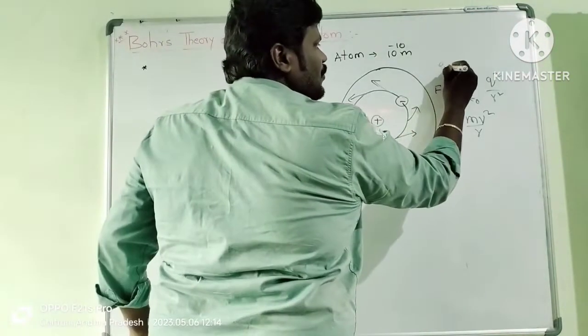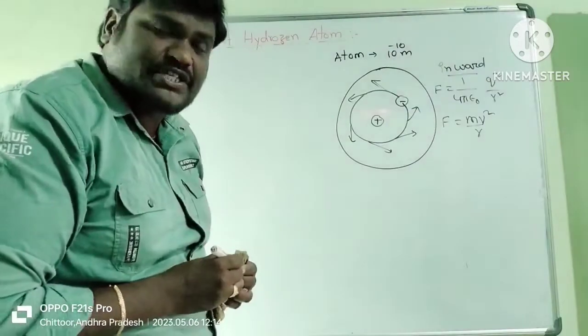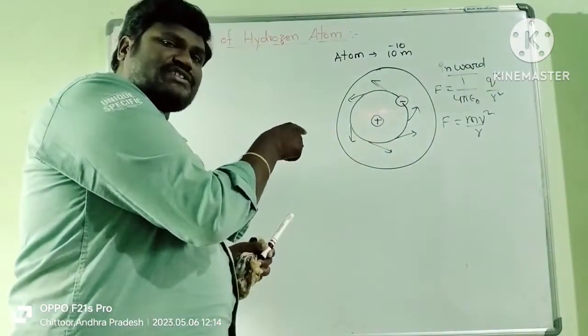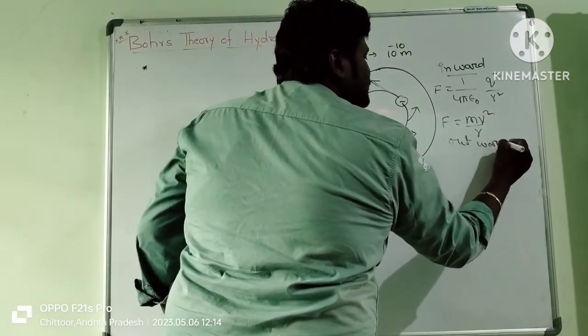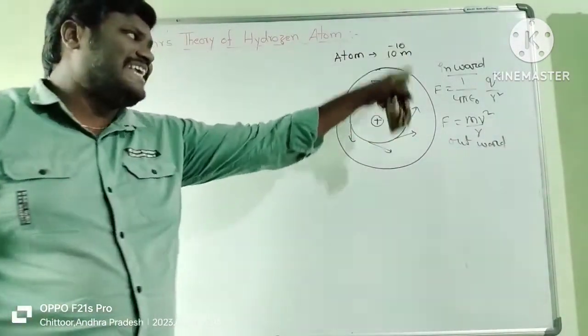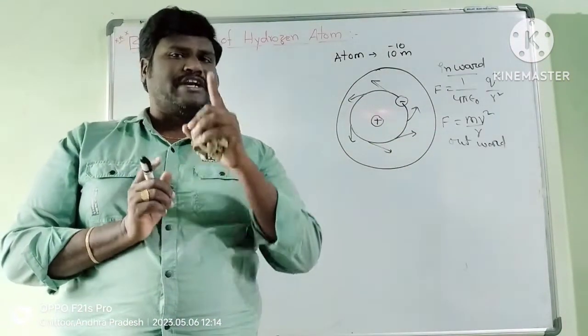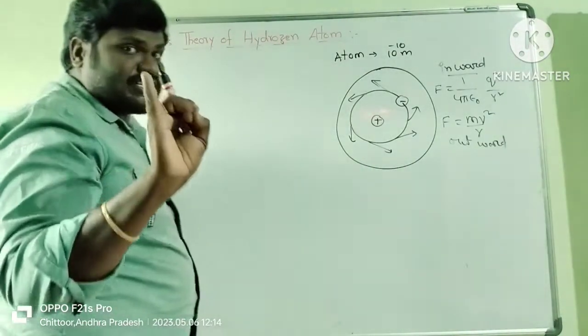What kind of force is the Coulombic attraction force in the atom? It is an inward force. What is the centrifugal force? The centrifugal force is an outward force. When this inward force and outward force are equal, then an orbit is created for an electron to revolve around the nucleus.